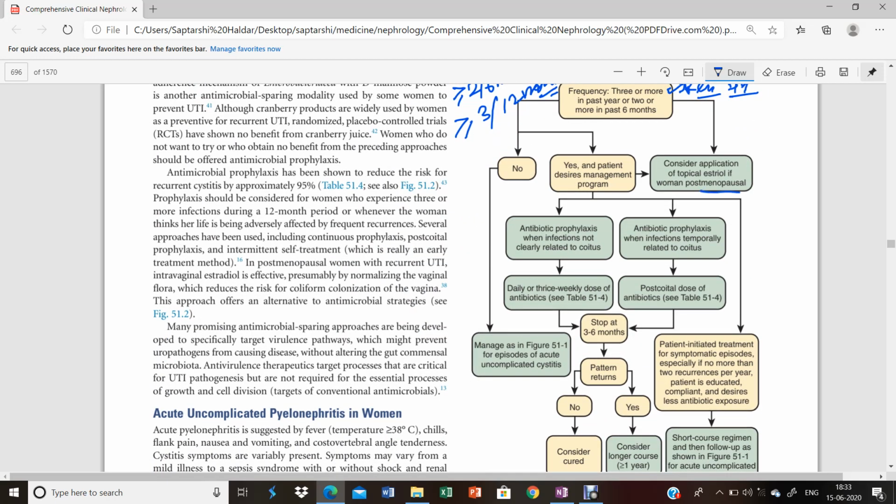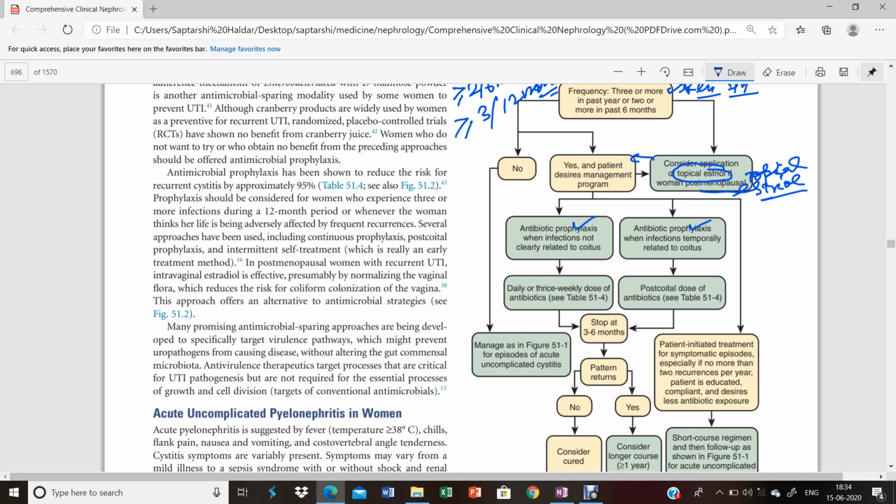If the patient is postmenopausal, we give topical estriol. If the patient is not postmenopausal, then we give prophylaxis.